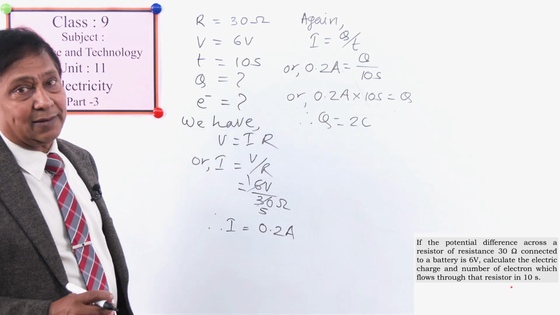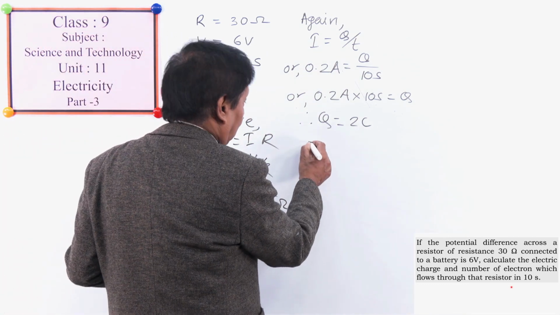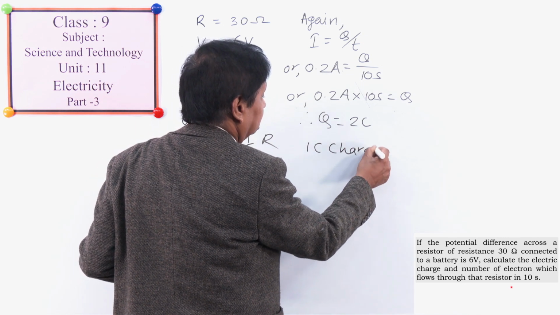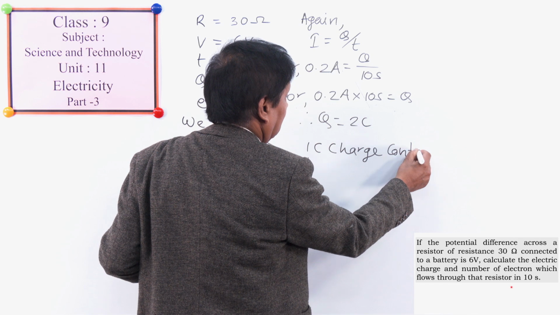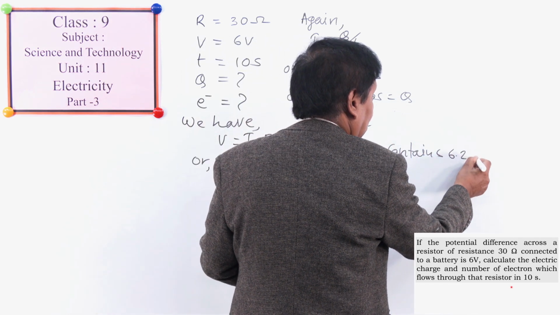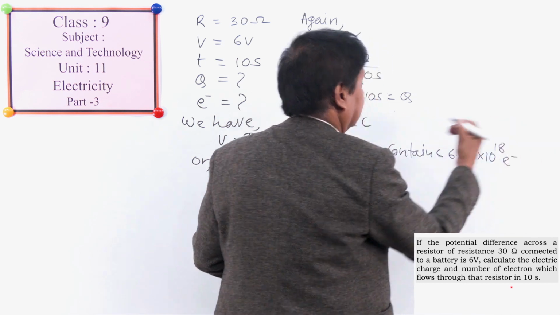Now we have to calculate the number of electrons also. How do we calculate it? 1 coulomb charge contains 6.24 into 10 to the power 18 electrons.